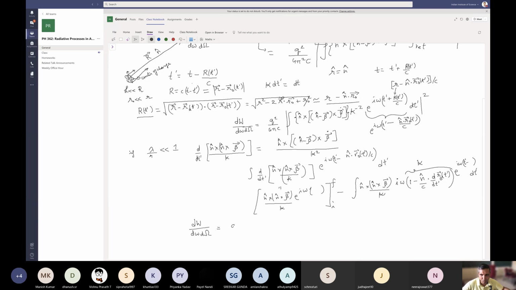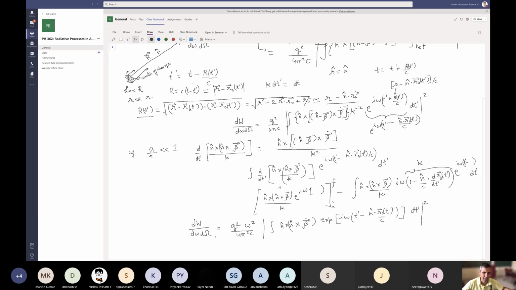This becomes equal to q squared. There is this i omega in this integral, so you're taking a square of that, so that will become q squared omega squared by 4 pi squared c, and then you have n hat cross n hat cross beta dot, exp i omega (t' minus n hat dot r naught by c).